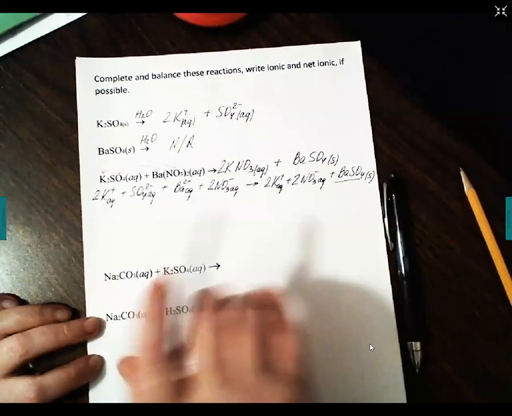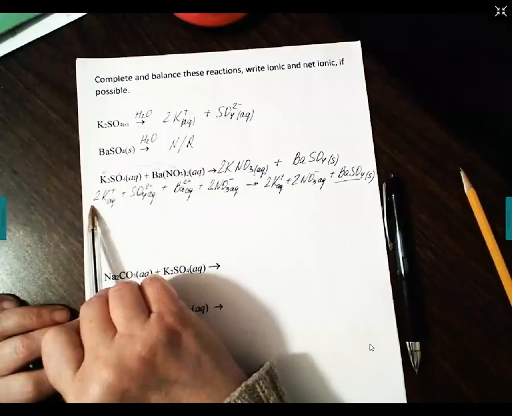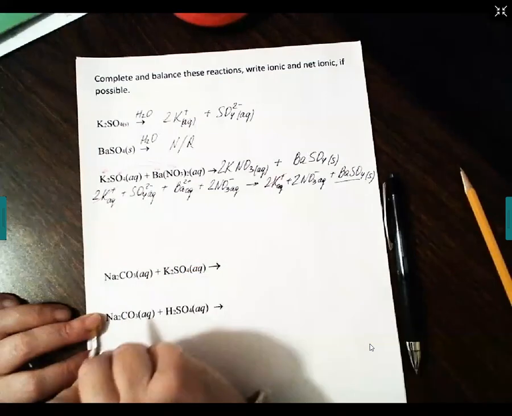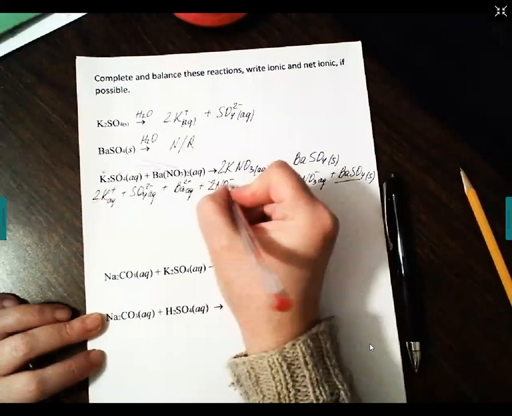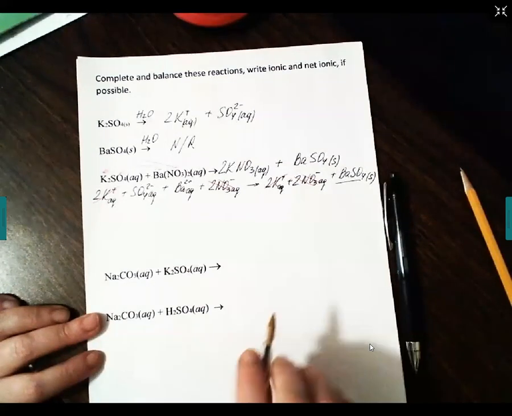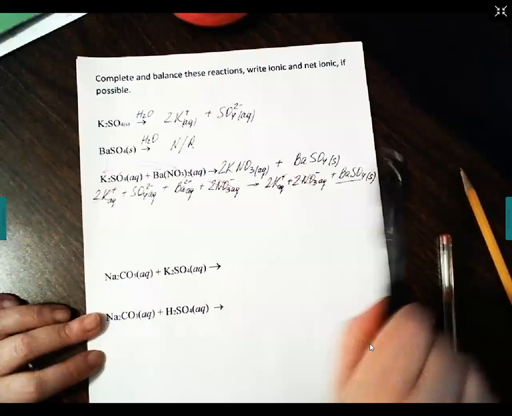Now what do we see? We can cancel what we call spectator ions. We have 2 potassium ions. We can cancel. And we can cancel 2 nitrates and 2 nitrates on the right side. So what is left will give us the net ionic equation.